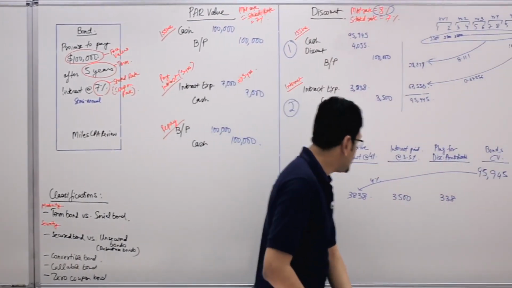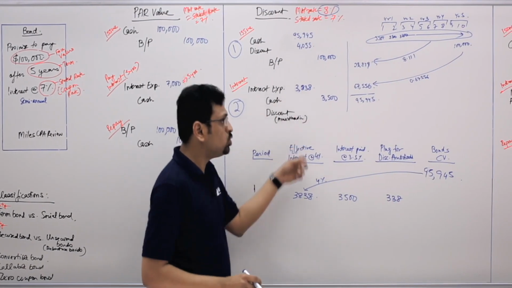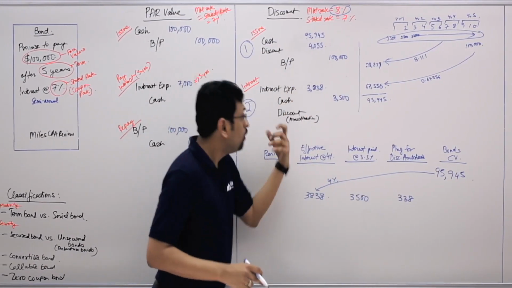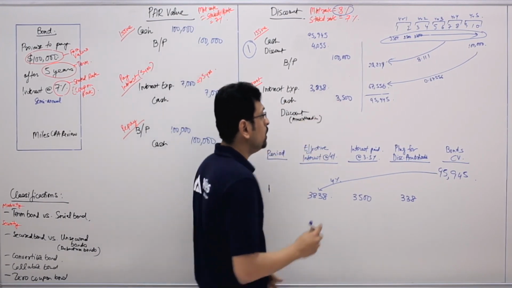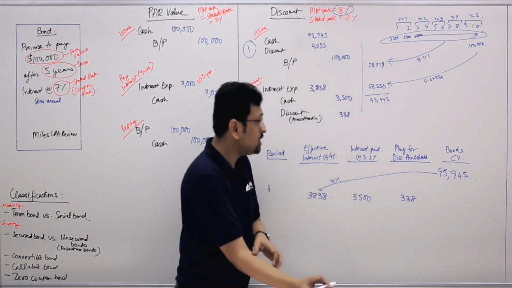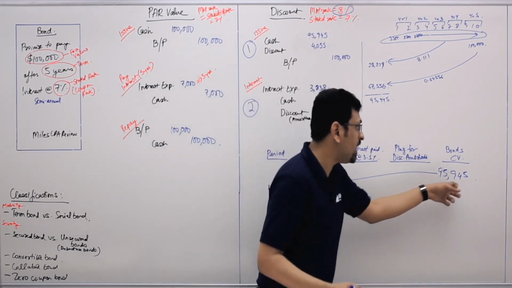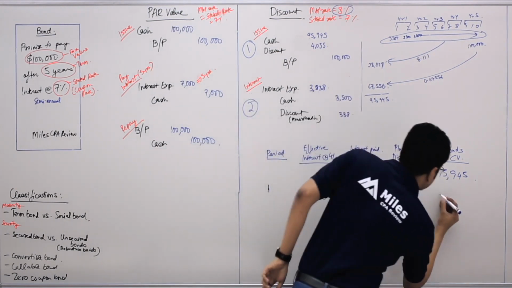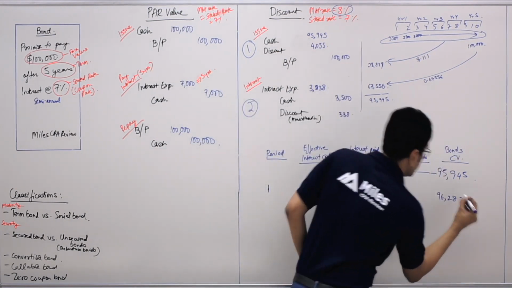So when we had effective interest 4%, we used carrying value times 4% to calculate the interest expense. But we paid out cash of 3.5, so the plug for discount amortization was 338. The bond's carrying value is now 95,945 plus 338. That gives us 96,282.